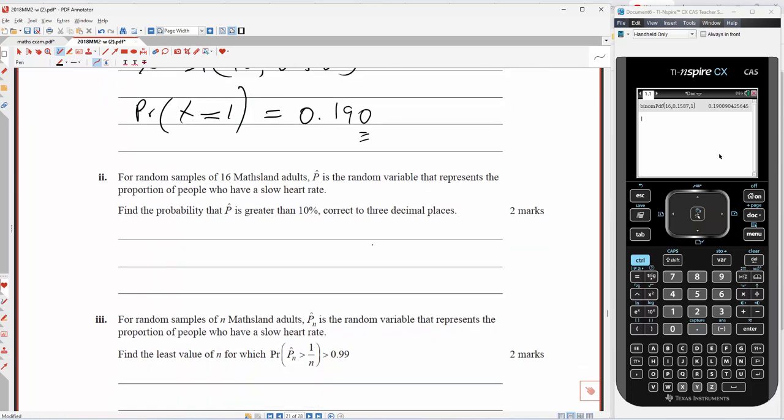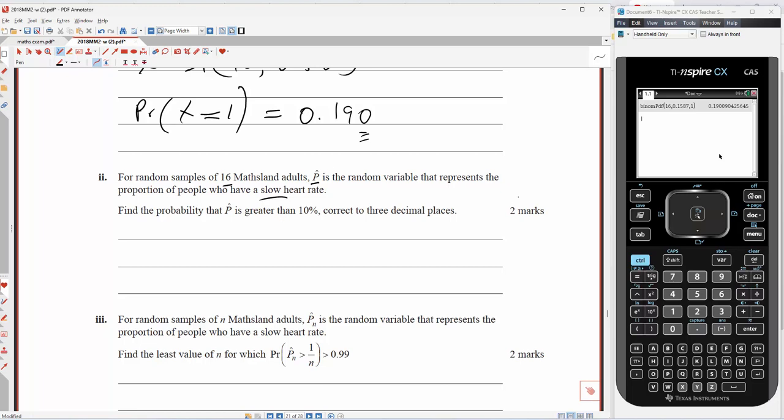Alright, so here's where it gets really tricky. For random samples of 16 Mathsland adults, p hat is the random variable that represents the proportion of people who have a slow heart rate. So we're basically grabbing samples, and we simply do not know what we're going to get.